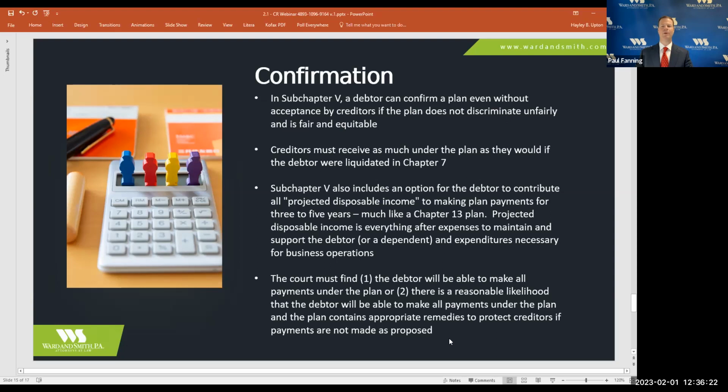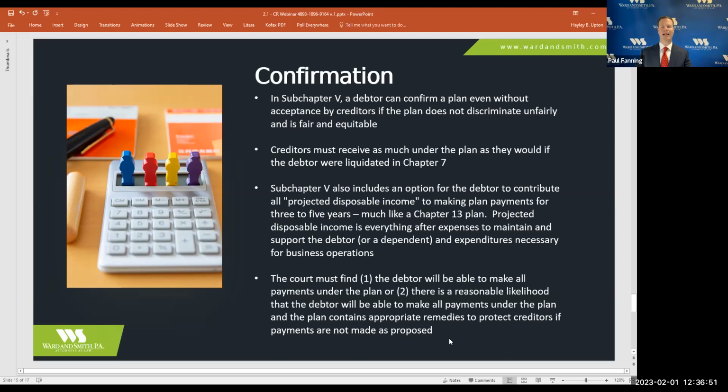Practice pointer here. This is an opportunity for an active creditor to really look out for themselves, and it's important to do so. During the negotiation process, you're negotiating claim treatment, how your claim is going to be treated under the plan. It's much like a negotiation over a forbearance agreement. What are the terms of that forbearance agreement?